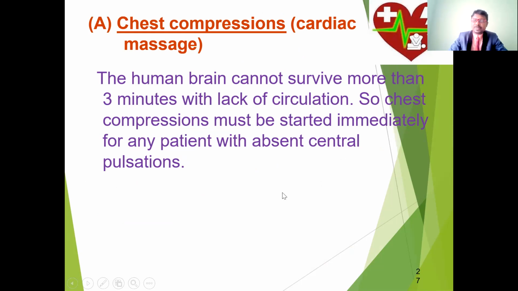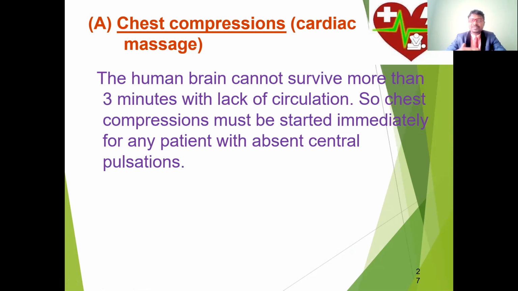Chest compression must be started immediately for any patient with absent central pulsations, such as the carotid pulse. In those conditions, as soon as possible, we have to do external cardiac massage, giving compression over the heart. Within less than 3 minutes, we can bring them back to normal function.